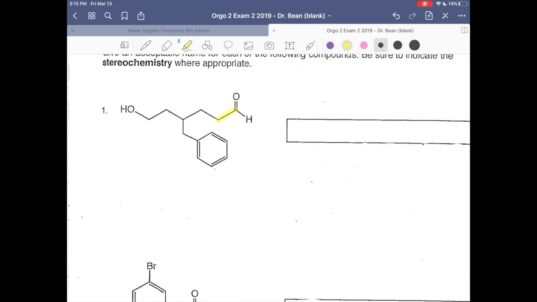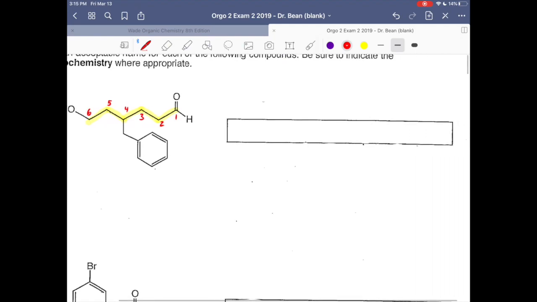So I'm going to include that in my parent and pick the longest chain possible that I can. If we go this way, we're going to get 1, 2, 3, 4, 5, and 6 carbons, versus the other way would be 5. So this is going to be our parent chain that I highlighted.